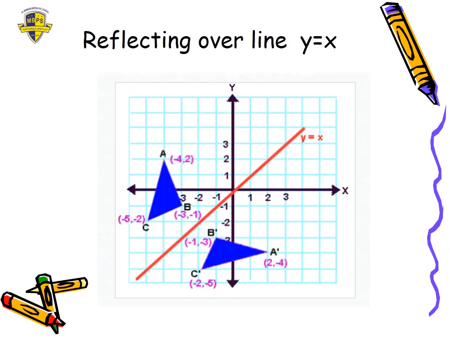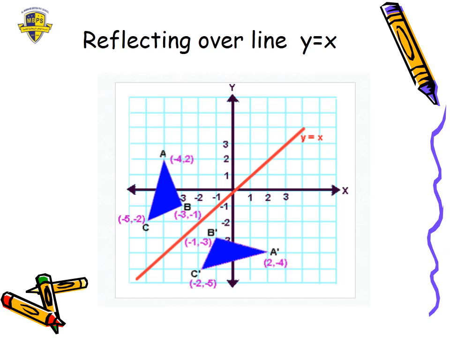This is another example of reflecting across the line y equals x. For the first triangle ABC, we write the coordinates for each point. A is (-4, 2). So when we reflect it, it will be (2, -4).